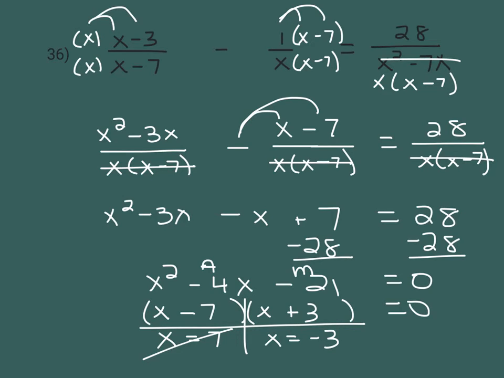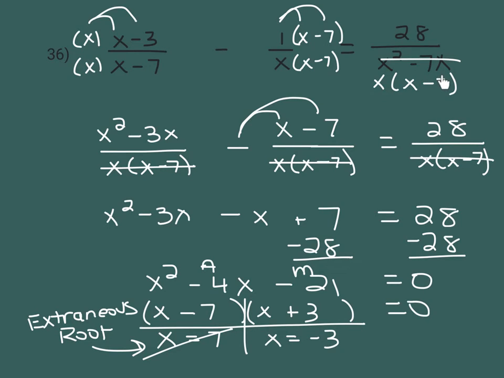And what this is called is an extraneous root. Okay, this is an extraneous root. Even though we solved the equation correctly and that's what we got, if we plug it back in, it creates an undefined fraction, so we cannot use it. All right, if you take x equals negative 3 and substitute it in here, it doesn't create a 0 in this denominator, and in this denominator, it doesn't create a 0.